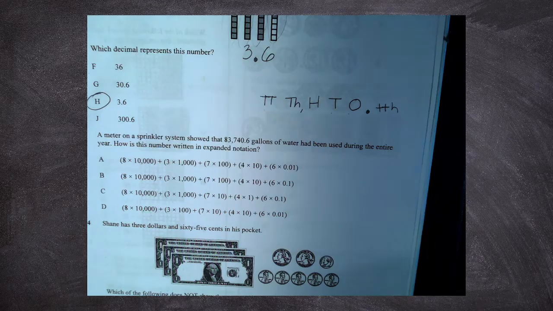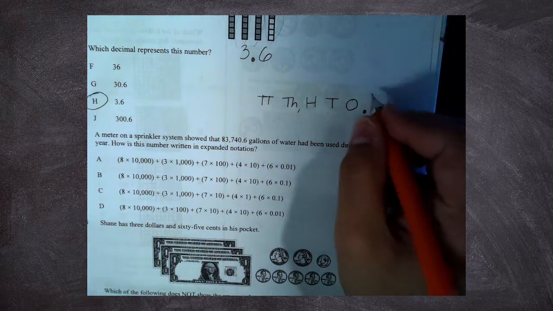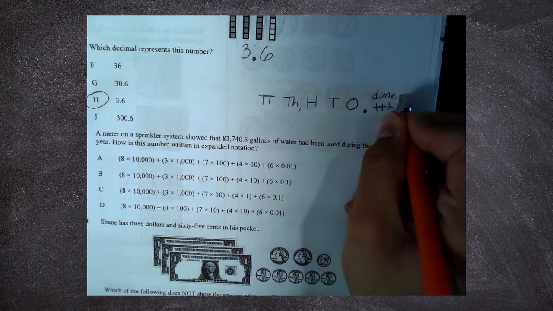So on top of the tenths place, whenever I have that in my place value chart, I always write some extra reminders. One of the things I write on top of the tenths place is the name of a coin. Which coin, Ezekiel, do I need 10 of to make a dollar? Dimes. I'm going to write dimes on top of my tenths place.